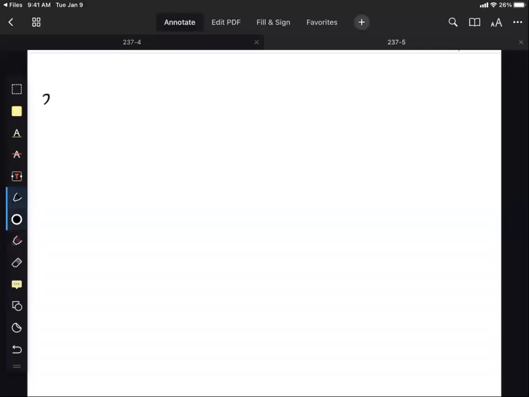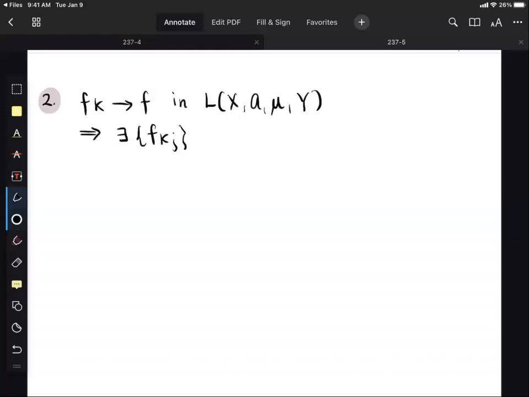Okay, the second remark is the following. If we have convergence of a sequence f sub k to some element f in the space of Lebesgue-Bochner integrable functions over this pre-measure space with values in Y, then there exists a subsequence of Lebesgue-Bochner integrable functions such that we also have convergence almost everywhere.